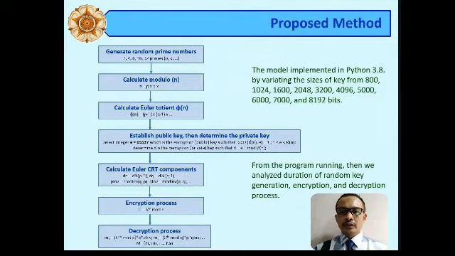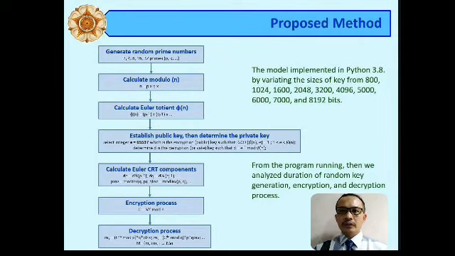But to expand the implementation of the Chinese remainder theorem, we improve the standard RSA algorithm with multi-prime numbers. We implement it not only based on two prime numbers, but on 4 prime numbers, 8 prime numbers, 16 prime numbers, and also 32 prime numbers.